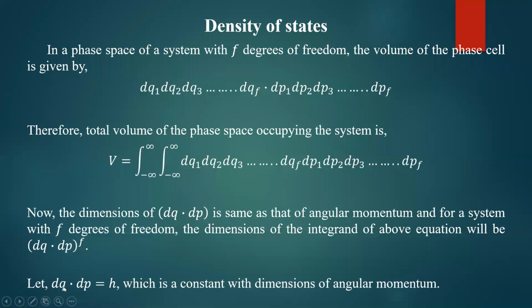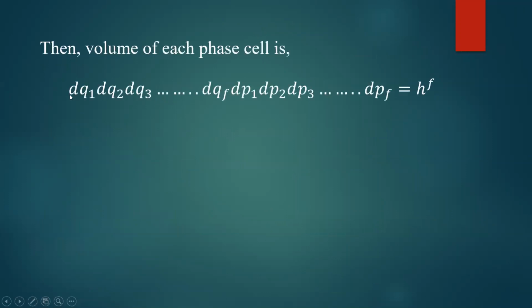Let us take this dq into dp as h, a constant with the dimension of angular momentum, because the phase cells are identical and have constant dimensions. In general I take this dq into dp as h, which is a constant having the dimension of angular momentum. Now you substitute here: if you take the volume of each phase cell, it will have the volume h to the power f.